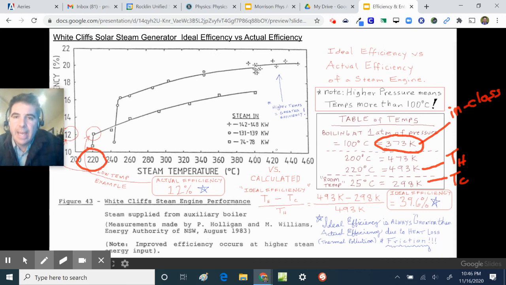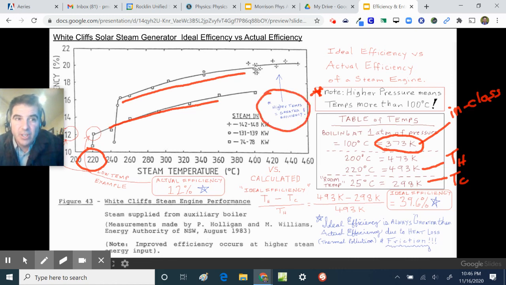The other thing you want to look at is this little note here, right? What is happening to efficiency as you get hotter? Hopefully you can see the answer is that higher temperatures equal greater efficiency. One of the reasons is that the lower temperature is staying the same.